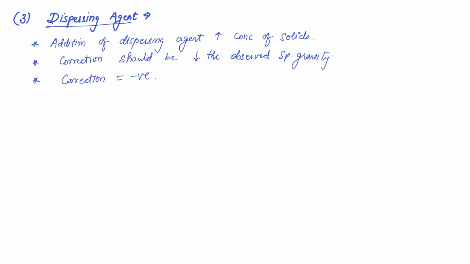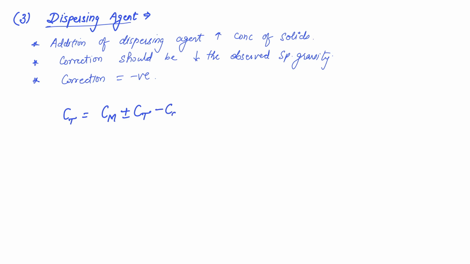So I hope now you understand the three different types of corrections, and if I want to calculate the total correction to be given, the meniscus correction is additive, you have to increase. The temperature correction can be either positive or negative depending upon the temperature.